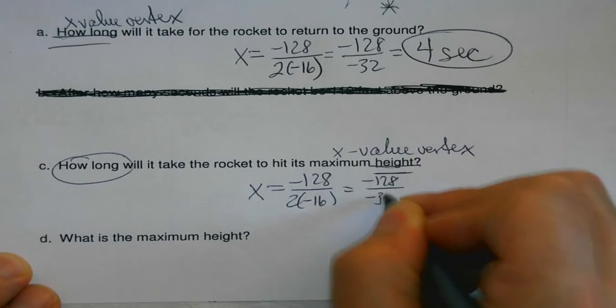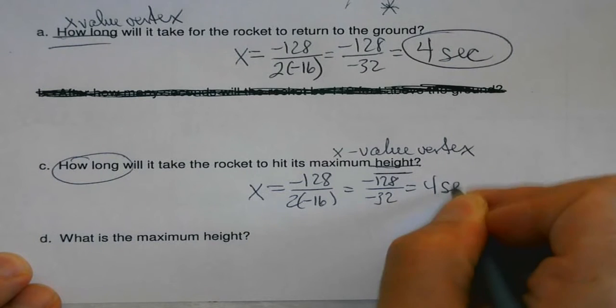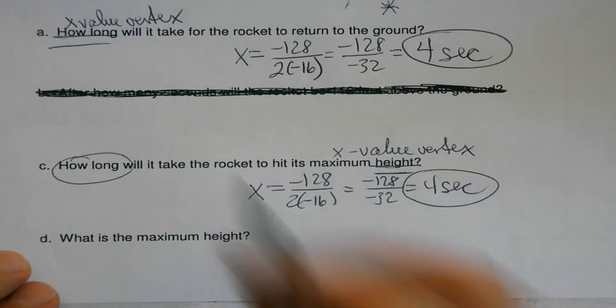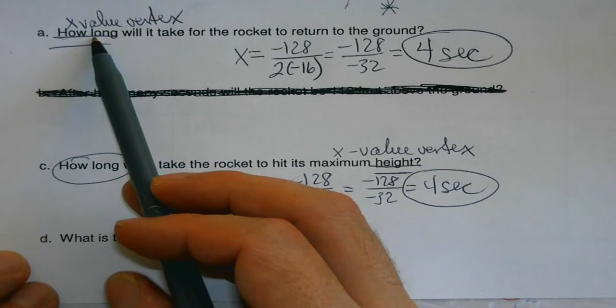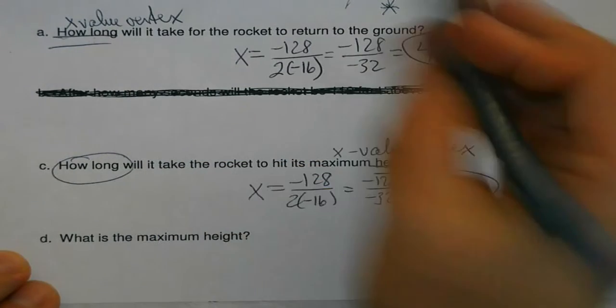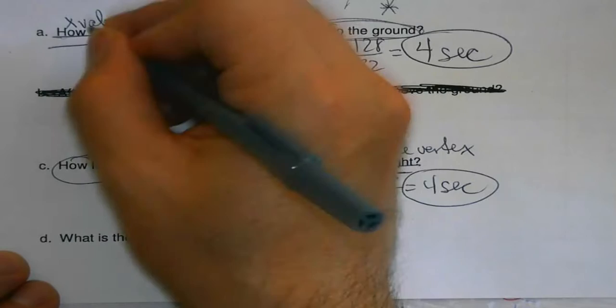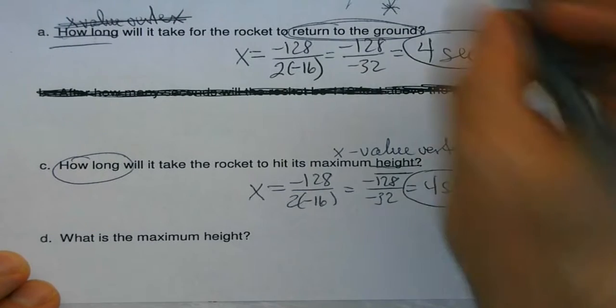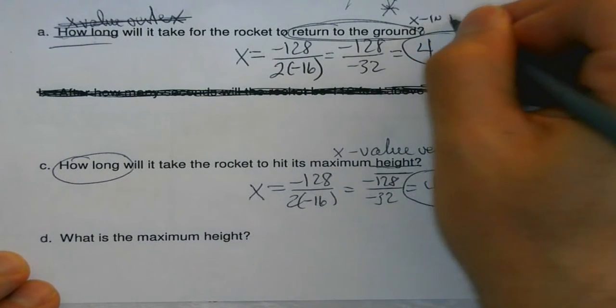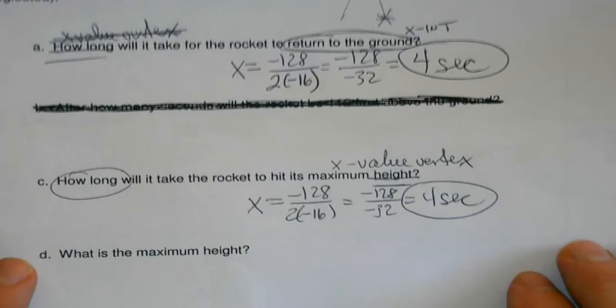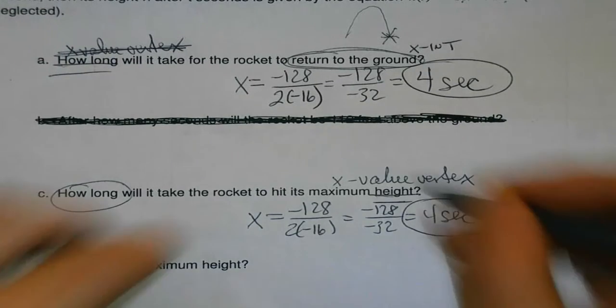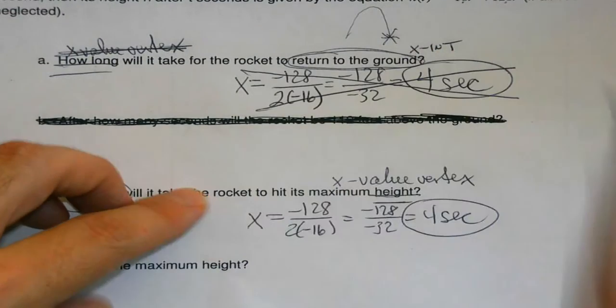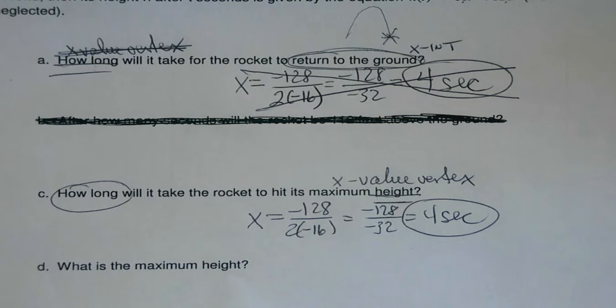Nobody to blame but me on this one. I read how long and automatically thought x value vertex, but did I read the rest? So that is not the x value of the vertex. That is an x-intercept, and I did not notice it until I drew my little picture. So, my apologies. We are going to need to go back and fix that.